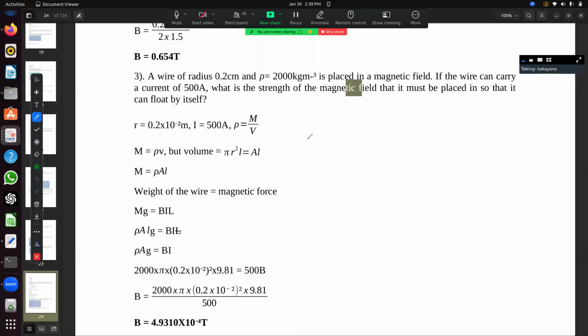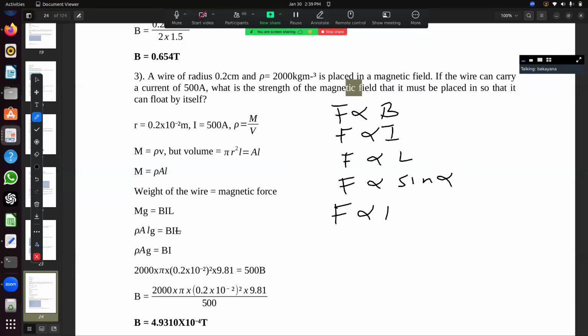We said that force on a current carrying conductor depends on some factors. One of them is the strength of the magnetic field. Another one is the current flowing through the conductor. Another one is the length of the conductor. And another one is the sine of the angle between the conductor and the magnetic field. So when you combine these factors, you have B I L sine alpha.